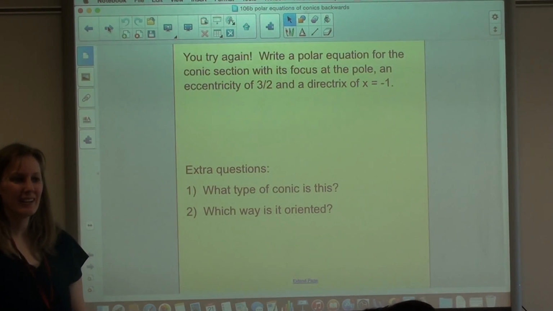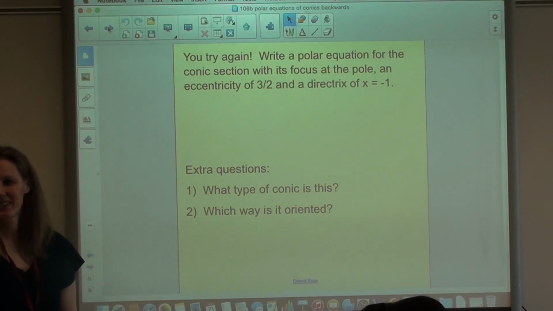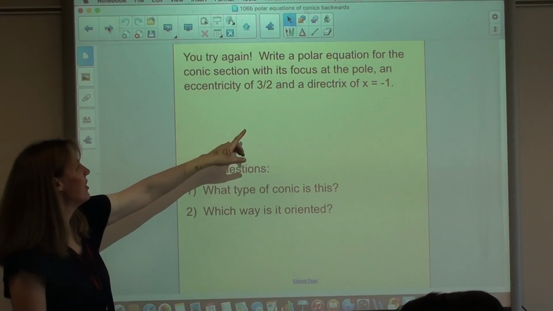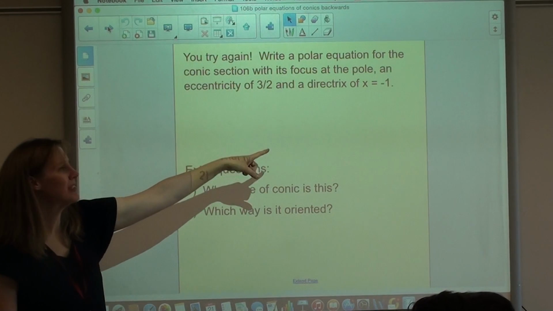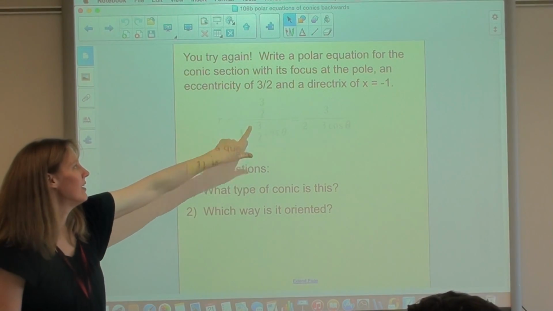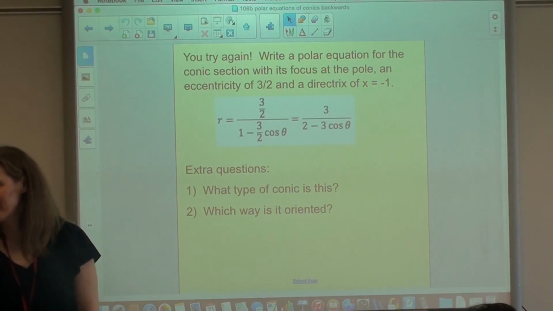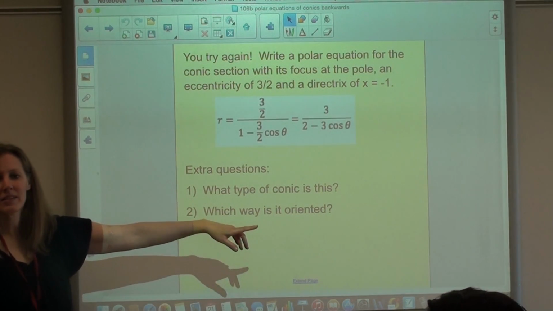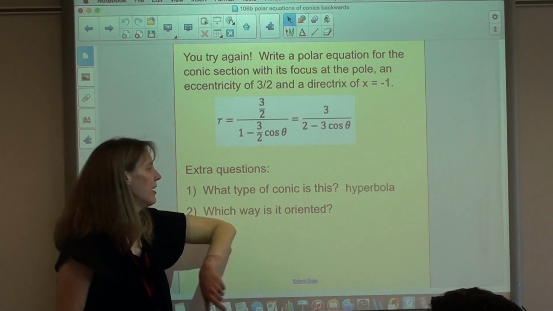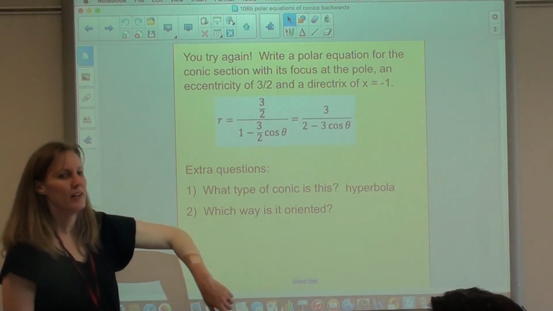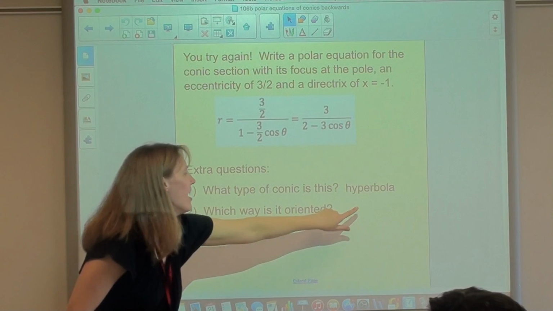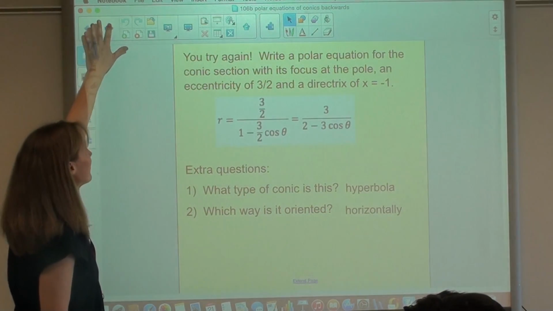Good. So E is 3/2, your D is 1, so you get that. What kind of a conic is this? Is it horizontal or vertical? Horizontal. Good.